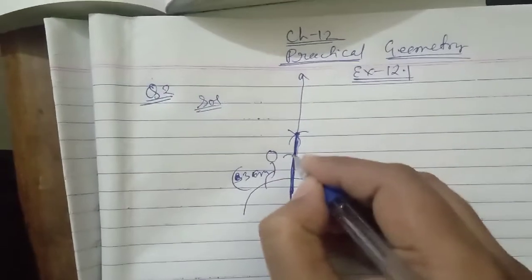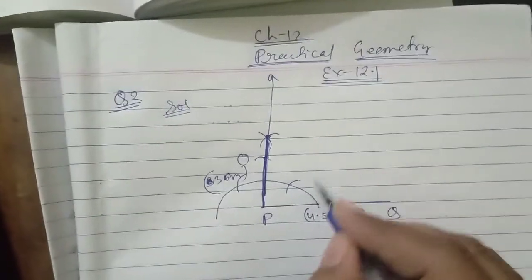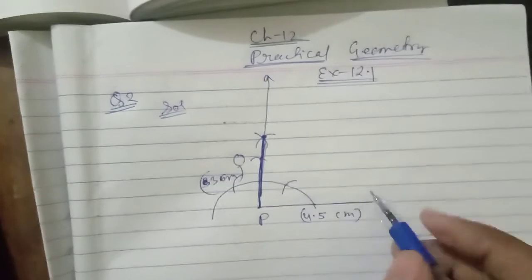From O we have to draw again a ray OM parallel to PQ.